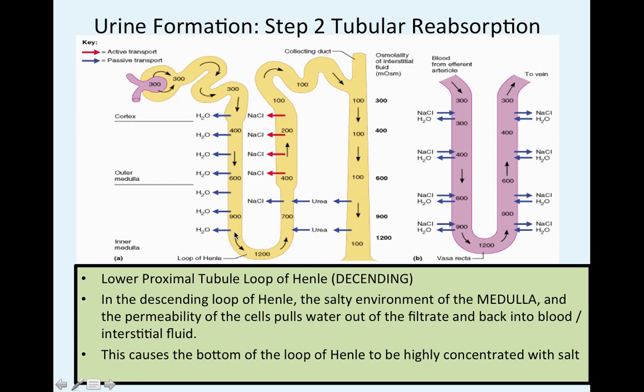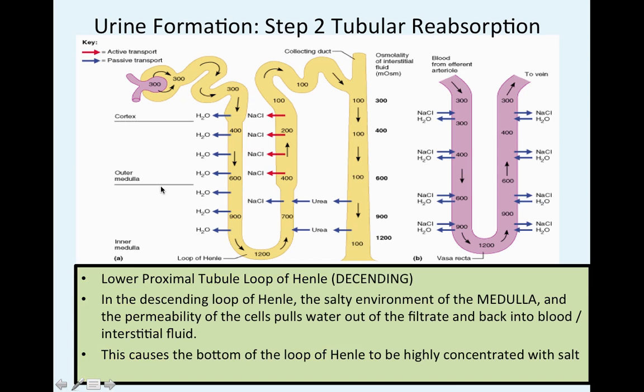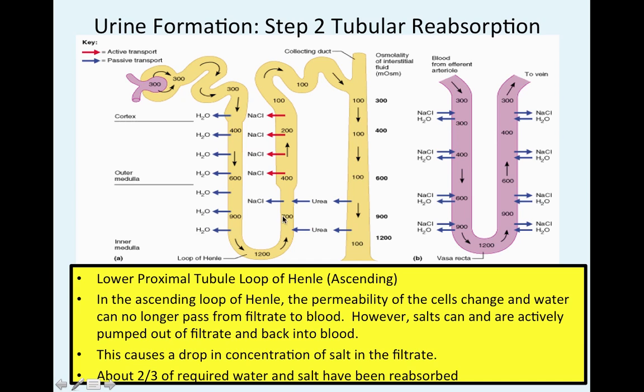So if you notice at the very bottom of the loop of Henle, remember I talked about how salty this is. It's so salty that at the very beginning, it can passively leave. Okay? The medulla, or the outer medulla, is very salty. This environment, everything in white, is really salty, but inside here is even more salty, so it will passively leave. Okay? Now, at a certain point, it's going to become isotonic, where the solution in here has the same salt concentration as the medulla.